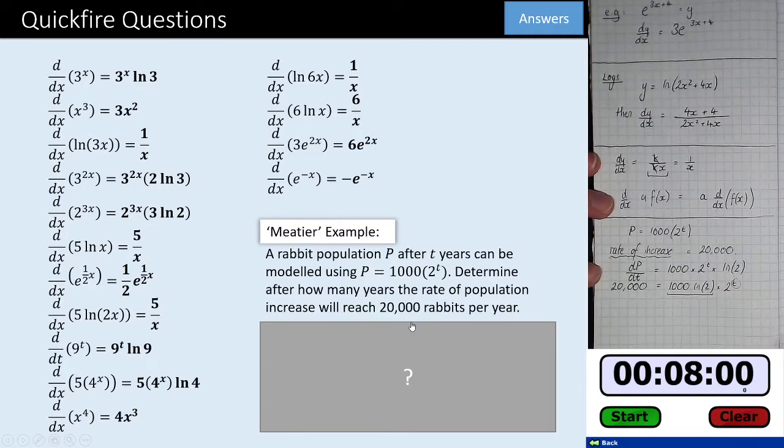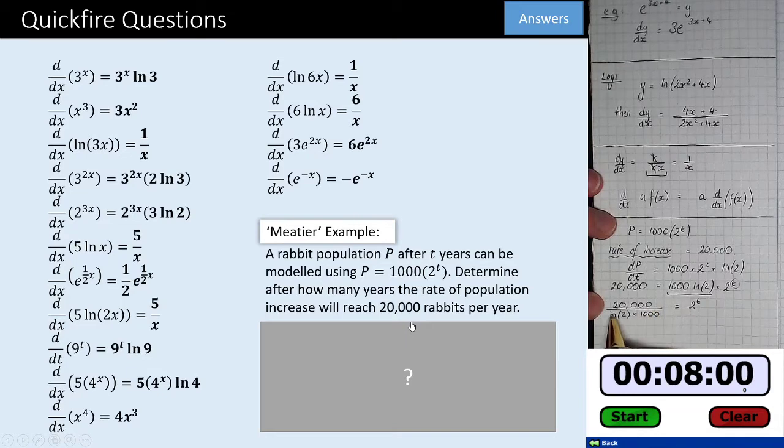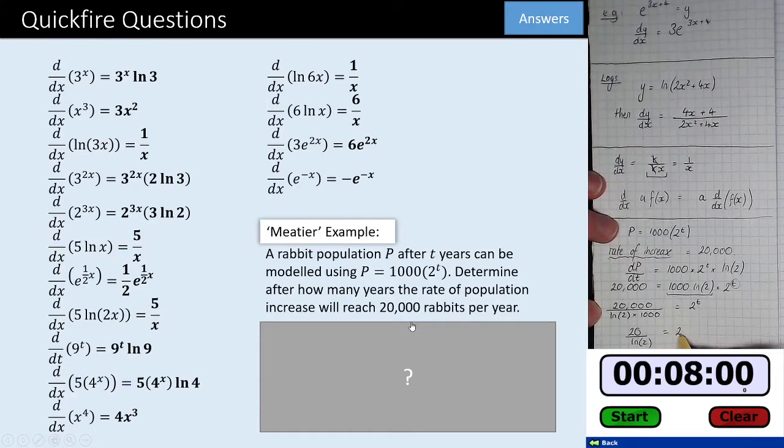First thing to do is to divide by that constant, and that will equal 2 to the power of t. So we've got 20,000 divided by ln 2 times 1,000, or that will just simplify to 20 over ln 2, is equal to 2 to the power of t.